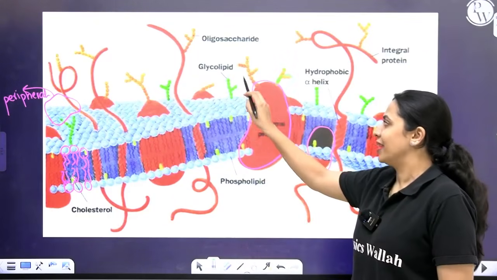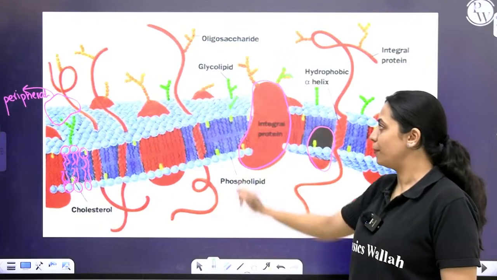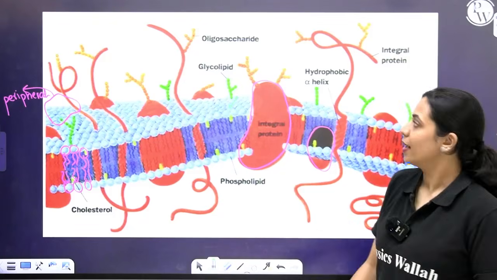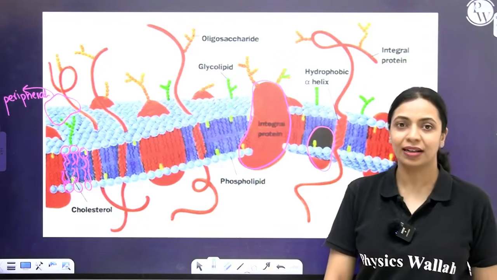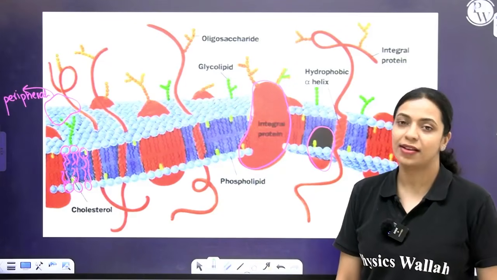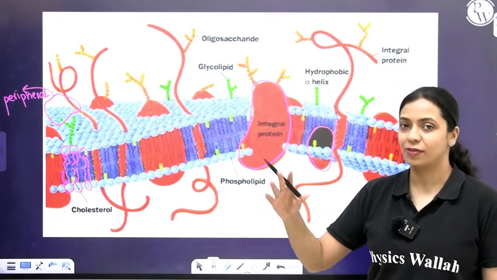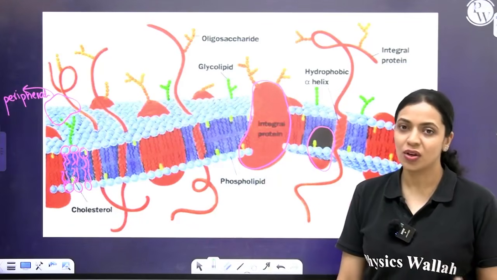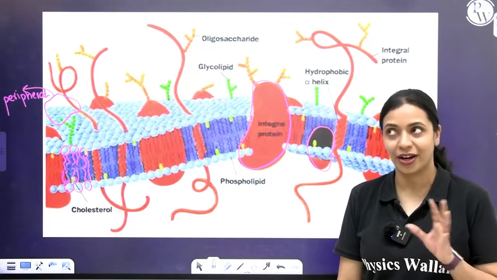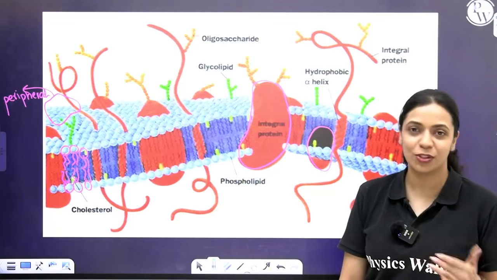If the carbohydrate is associated with the lipid, then the lipid is called a glycolipid. If it is associated with the protein, then the protein is called a glycoprotein. So in a plasma membrane, you find lipids, majorly phospholipids, some cholesterol, proteins of two different types, and also some carbohydrates associated with lipids or proteins.